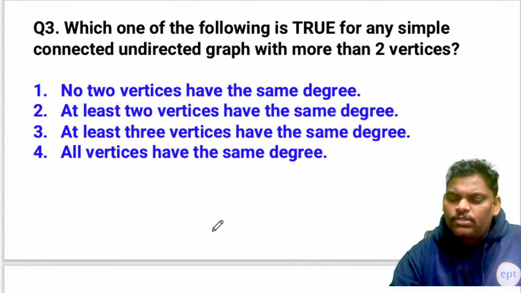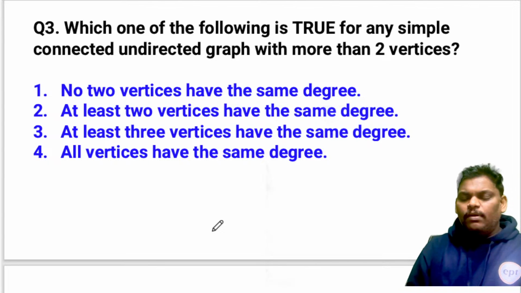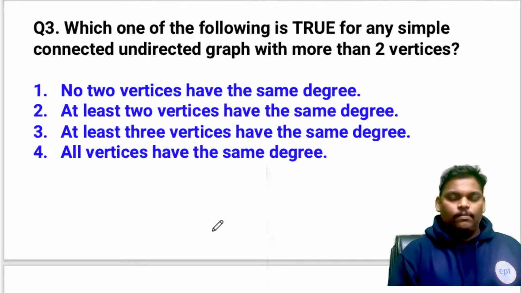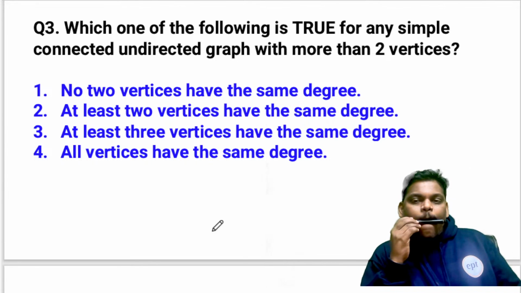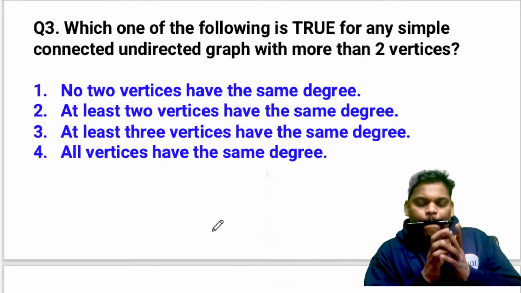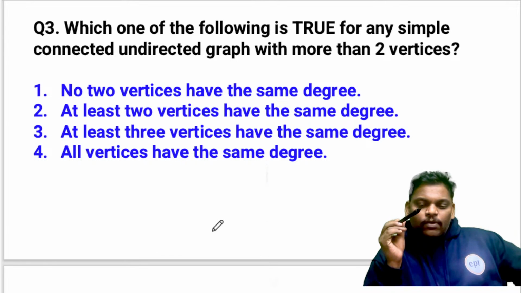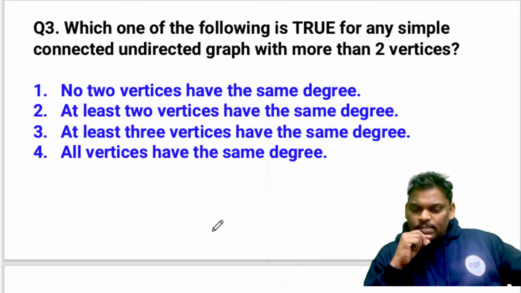Which one of the following is true for any simple connected undirected graph with more than 2 vertices?